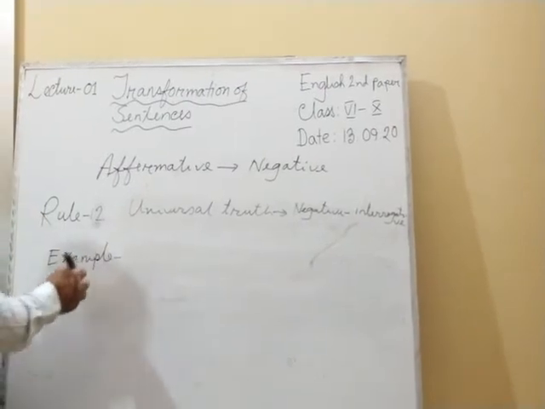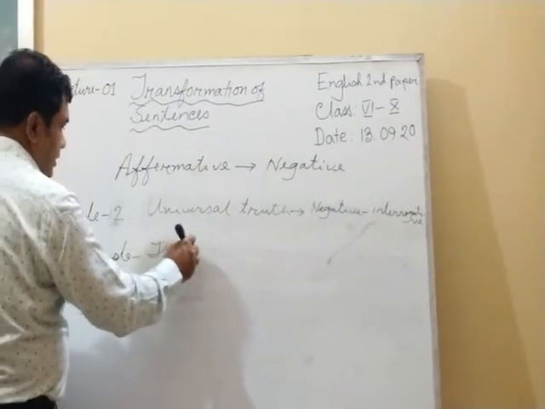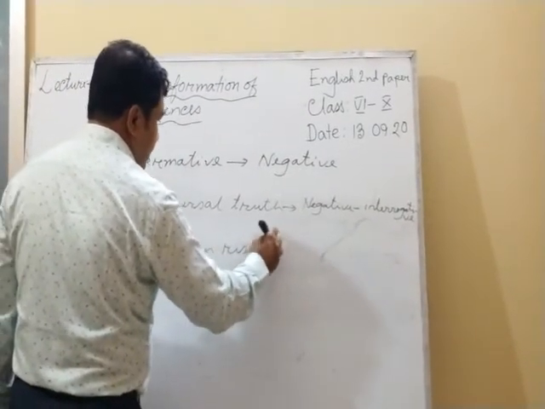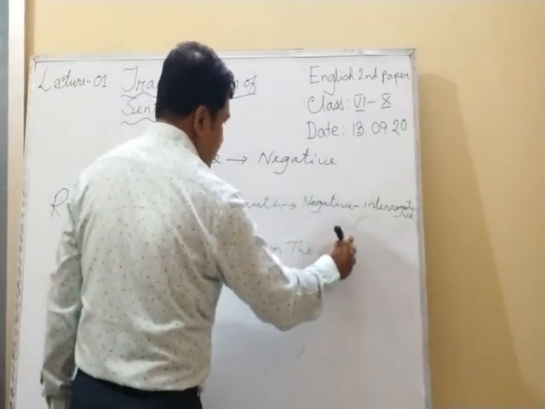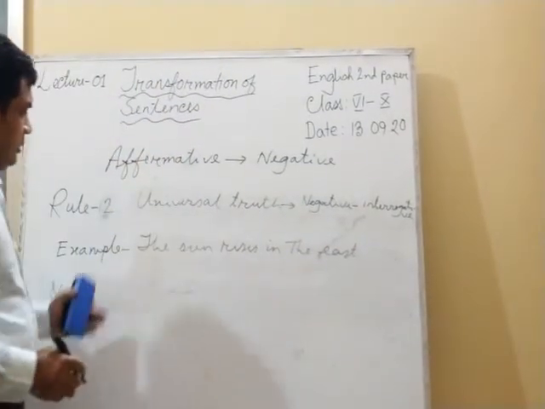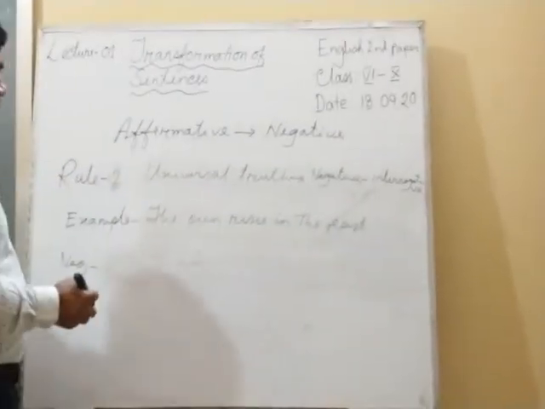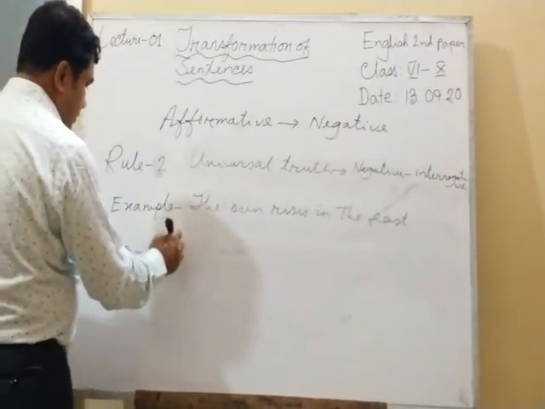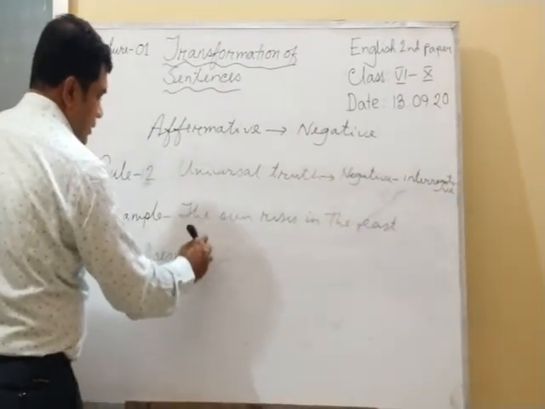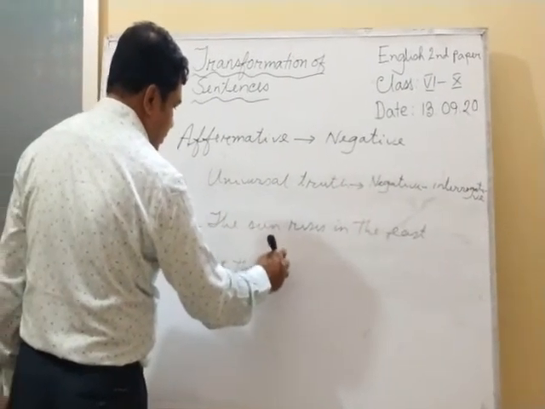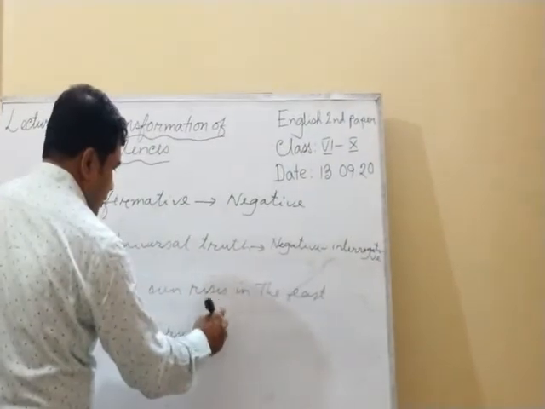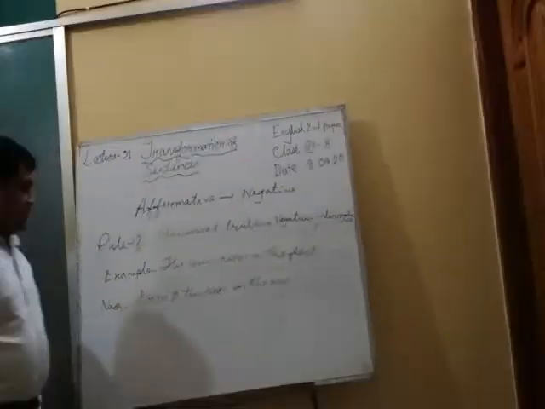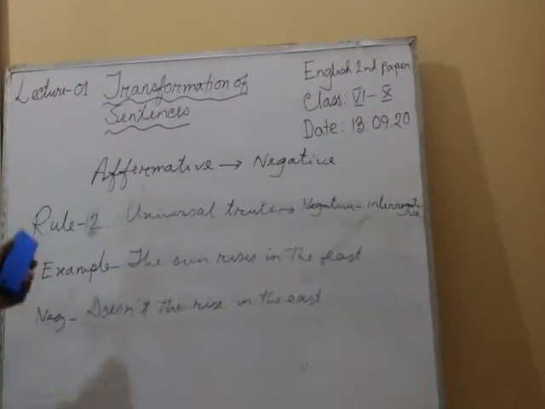Look at the example. The sun rises in the east. It is a universal truth. So, if you want to make it negative, it will be negative interrogative. That means, doesn't the sun rise in the east? Dear student, I hope you can understand it.